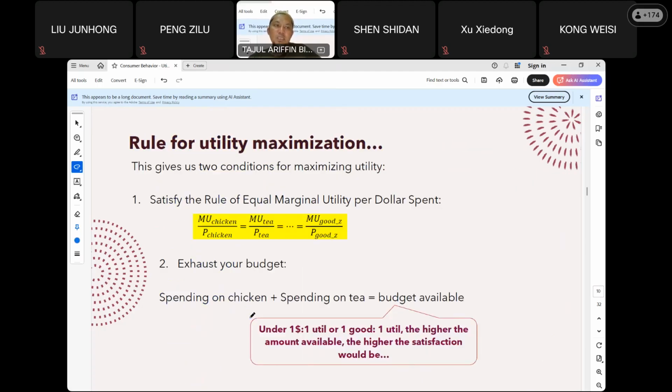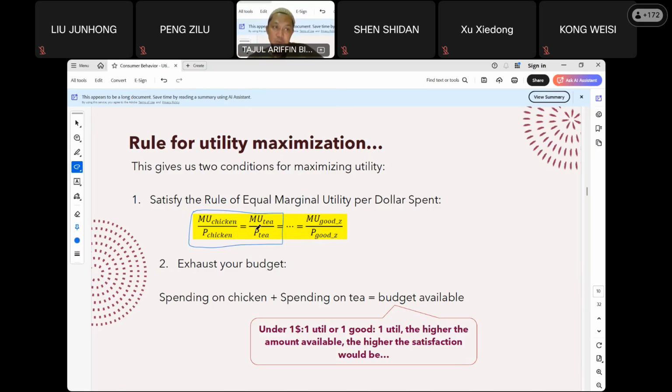Now, what is the rule for utility maximization? The rule is simple. When we have two products, chicken and tea, we stop here. If we have more than two, we can just extend until C, whatever. In other words, the ratio of MU over P for chicken and tea should be equal. This is the first rule.